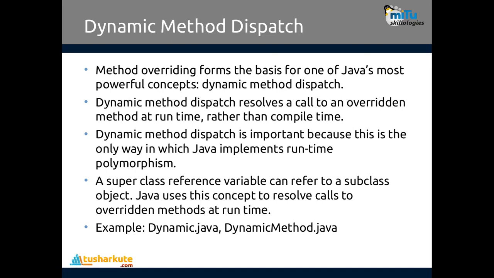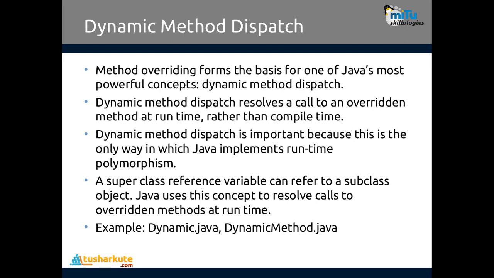We have seen two steps of execution. The first step is compilation of the program by the Java compiler. The second is the Java interpreter. So the compiler checks for method overloading and the interpreter checks for method overriding. When the interpreter is checking, it is called runtime polymorphism, and when the compiler is checking, it is called compile time polymorphism. So the second way is called runtime polymorphism.